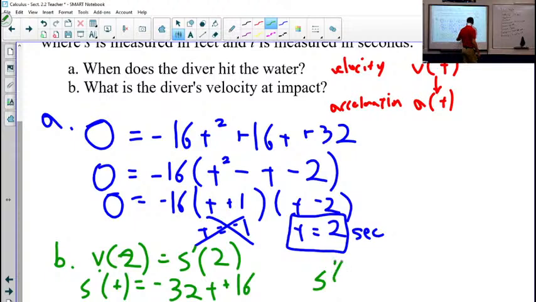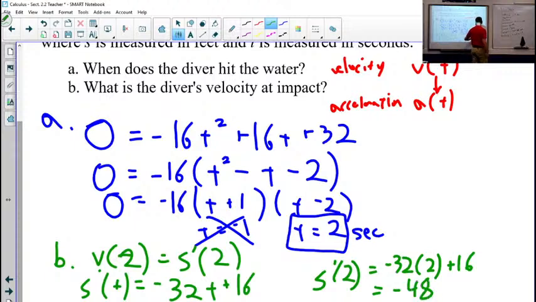So s prime at 2 is negative 48. No, we're looking at feet per second.